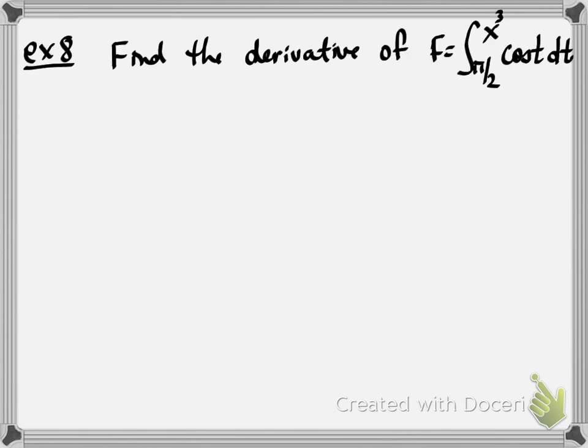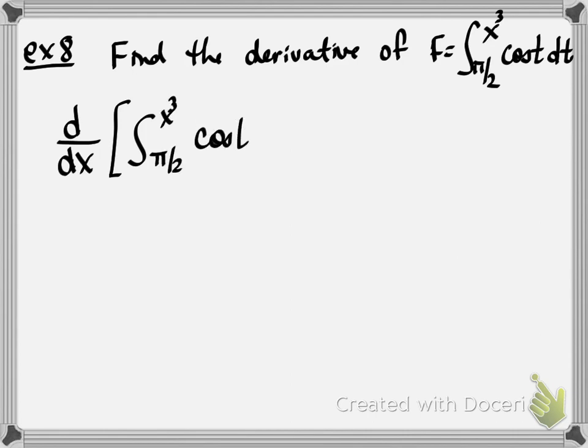Okay, example 8, we're going to find the derivative of capital F equals the integral from pi over 2 to x to the third of cosine of t dt. So we're going to find the derivative with respect to x of the integral from pi over 2 to x to the third of cosine of t dt.